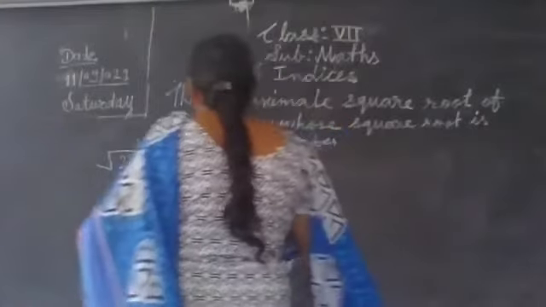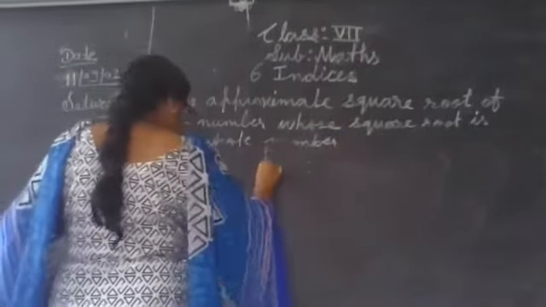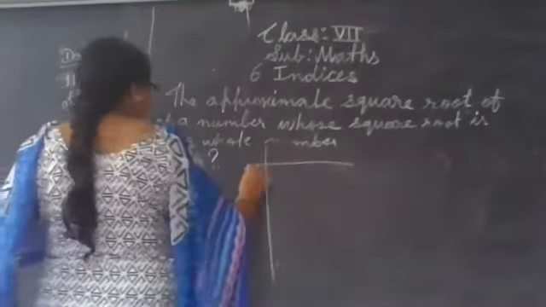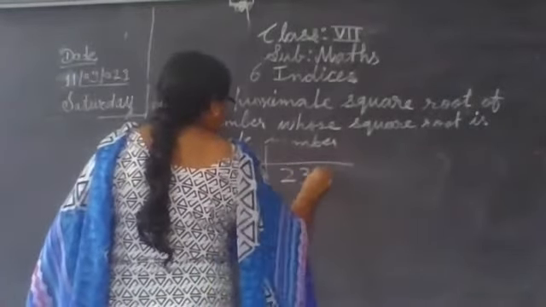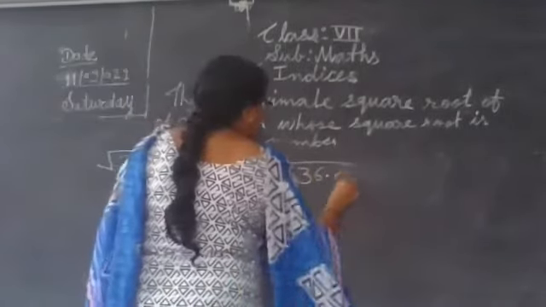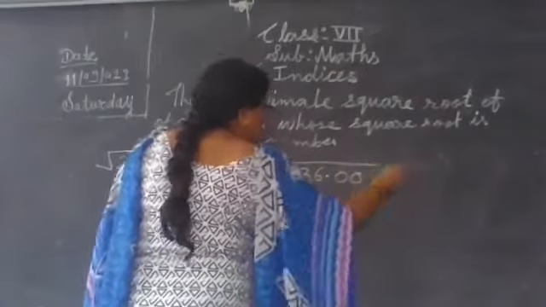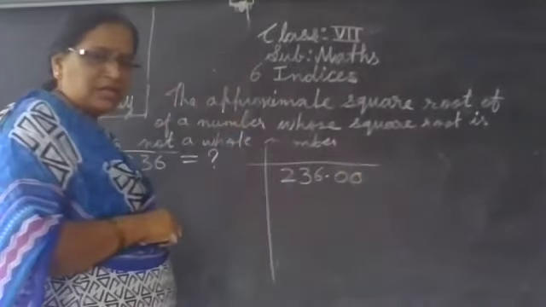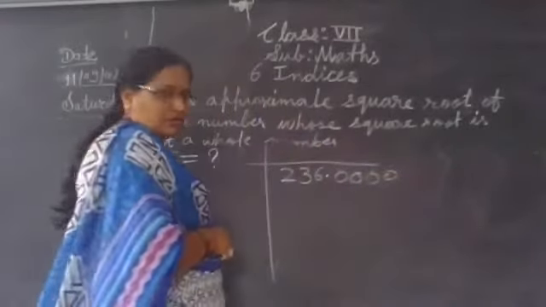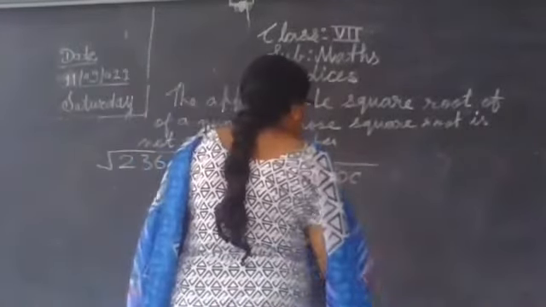So let's start. Here 236 is the whole number, and you can write many zeros to this. Okay, you can take one more pair of zeros.